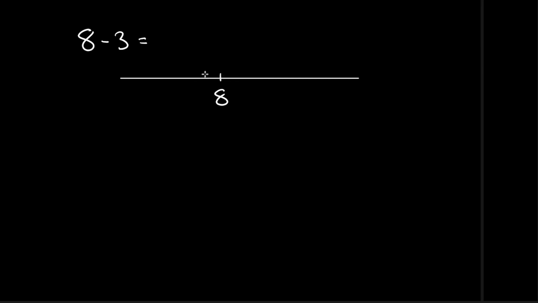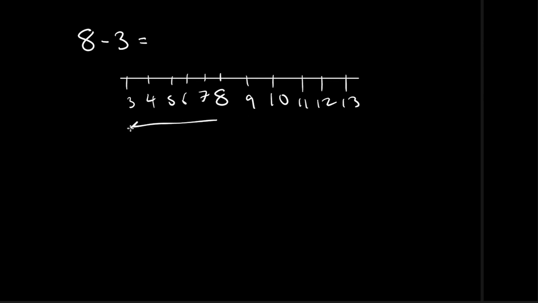Then we'll have 7, 6, 5, 4, and 3, 9, 10, 11, 12, and 13. So when we take away 3, we are going down. So this way is going down. So we have to do this 3 times. So it'll be 1, 2, 3, and whatever number we land on, that is the answer, so that'll be 5.